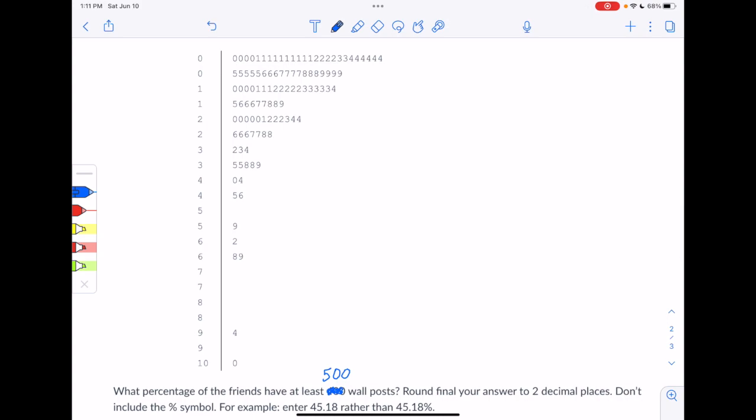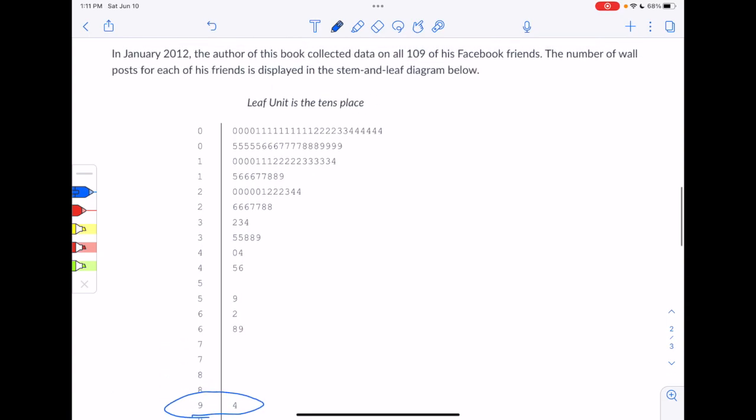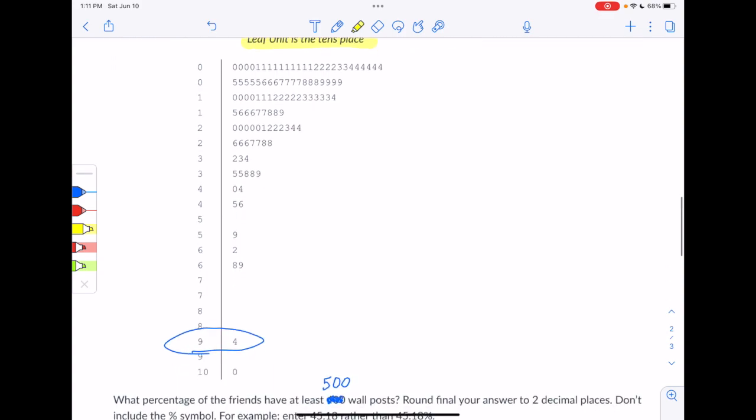If you take a number like, say, this 94 right here, it looks like a 94 because you see a stem of 9 and a leaf of 4, and normally that would be a 94. But if we come up to the top, we see that the leaf unit on this problem is the tens place. Normally it's the ones place. So what does that mean to us? It means that this 4 is not 4 ones, it's 4 tens.